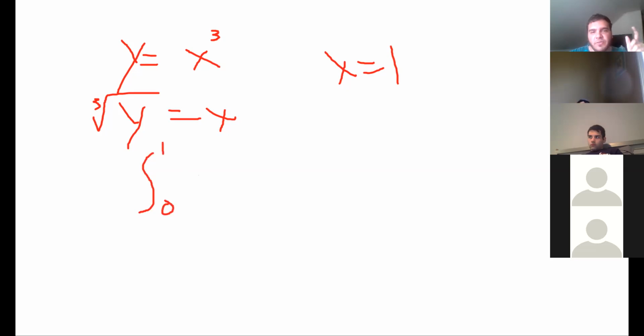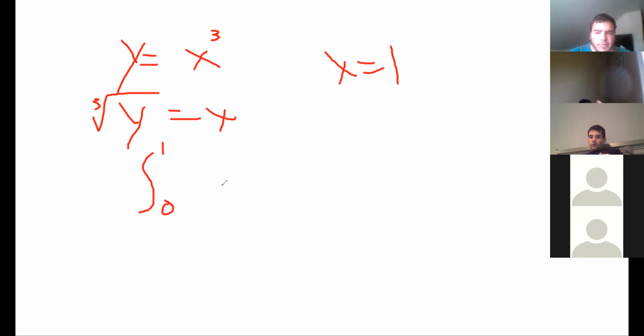And I should say it's still the integral 0 and 1 because the points of intersections of the y-axis is 0 and 1. It just happened to be 0, 0 and happened to be 1, 1. That's not always the same. You have to look at the y's in this case. Before we looked at the x for the intercepts, now we're looking at where they intersect at the y's. They happen to be the same in this one.